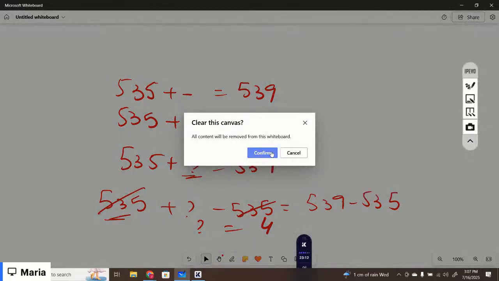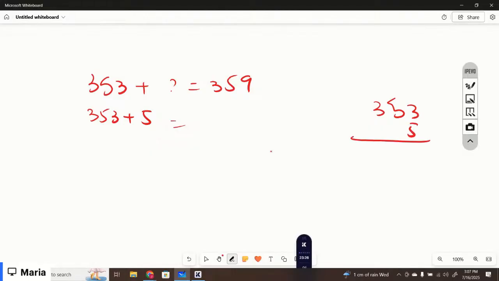You can try these options one by one, right? 353 plus the missing number equals 359. So start with 5: 353 plus 5. Write them down one above the other. That gives 358, so that isn't the correct option. Start with the second option.